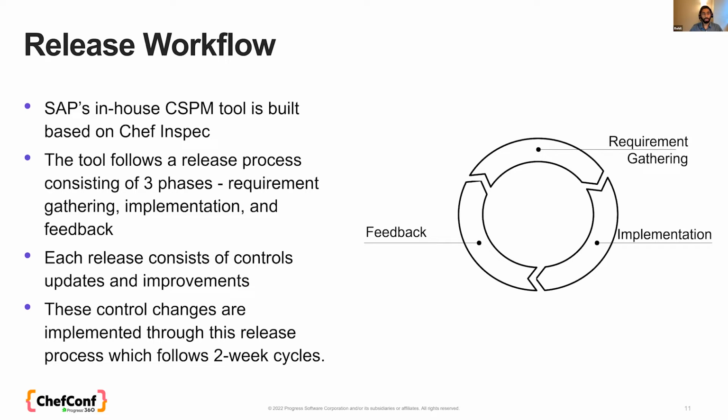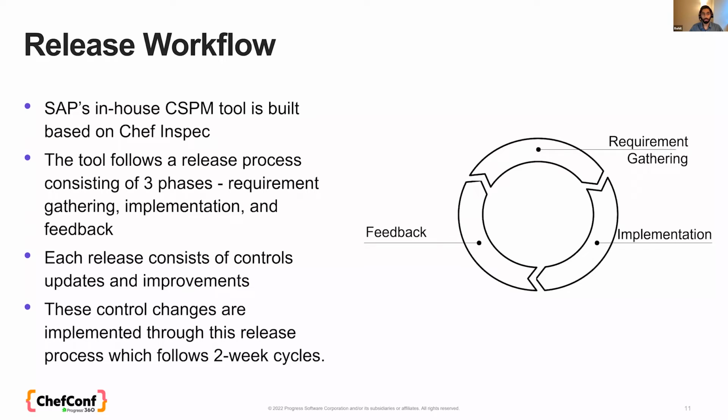So to start off with the release workflow, as we all know, we need a certain planning and operationalization to be in place to run the compliance scans at such a huge scale at SAP. So to get to the point where we want to, we need to have a really strict process in place, and we have designed our release workflow on how the control updates and all the changes are deployed into production and the compliance scans run.